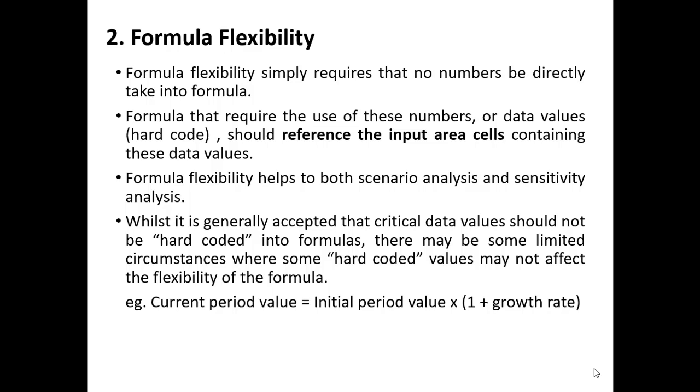You cannot change the inputs and see what is the impact that it has on the output. So therefore, one of the golden principles that you need to know in the model development is that you should not type the numbers, right, or anything in the output section.